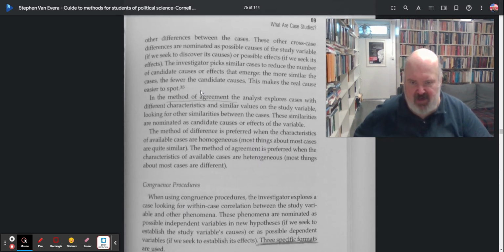In the method of agreement, the analyst explores cases with different characteristics but similar values on the study variable, looking for other similarities between cases. These similarities are nominated as candidate causes and effects, as possible causes and effects for the variable.